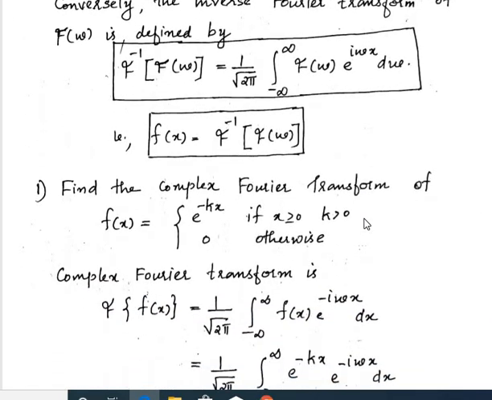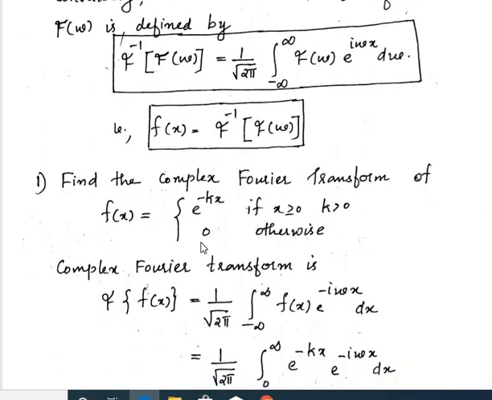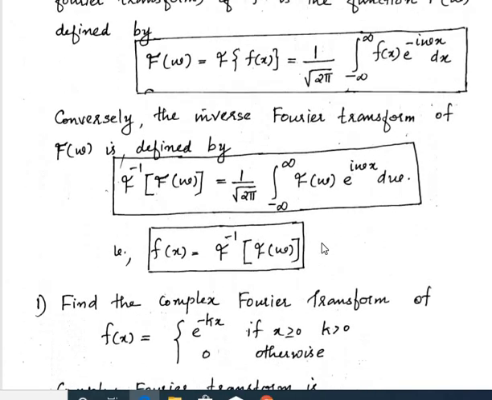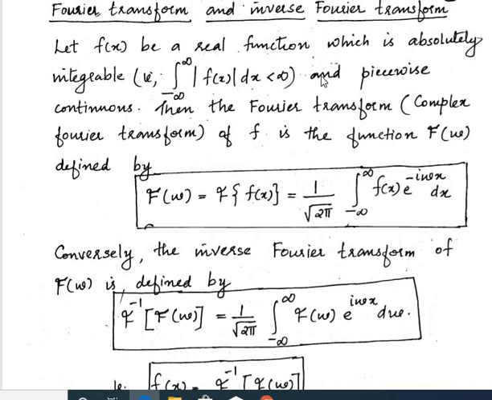Find the complex Fourier transform of f of x equal to e raised to minus kx if x is greater than or equal to 0, k greater than 0, and 0 otherwise. The question is to find the complex Fourier transform, and as said earlier, the Fourier transform is also known as the complex Fourier transform.